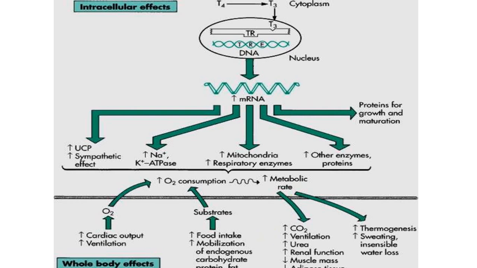And carbohydrate, that is increased glucose level, takes place because of T3 and T4. It increases gluconeogenesis and glycogenolysis by the liver, and that will supply more glucose for all tissues to have an increased metabolism and increased energy production.